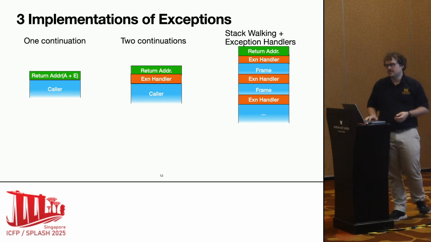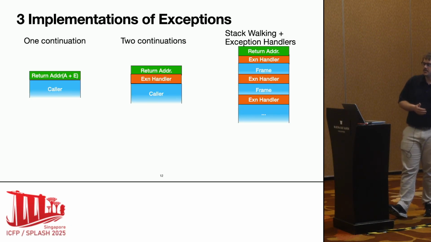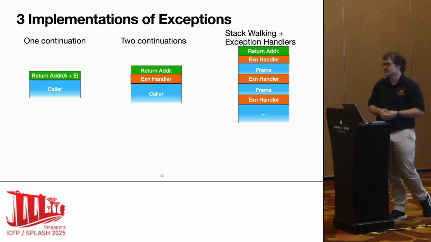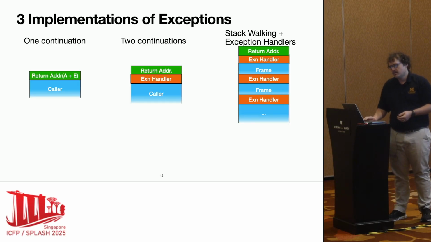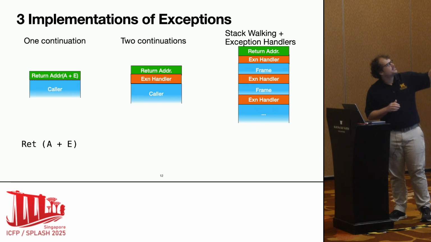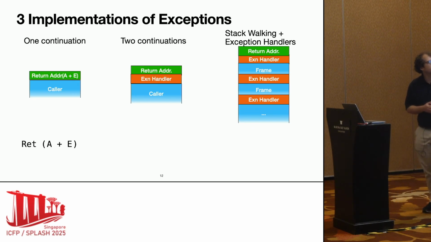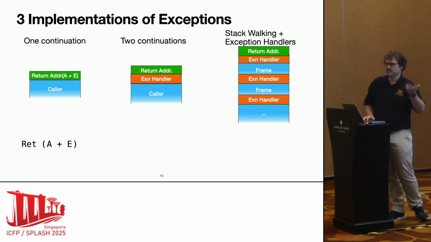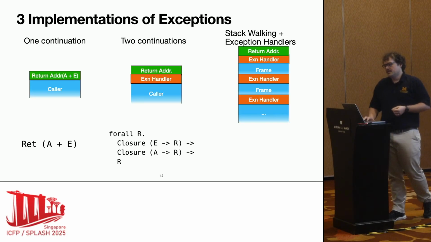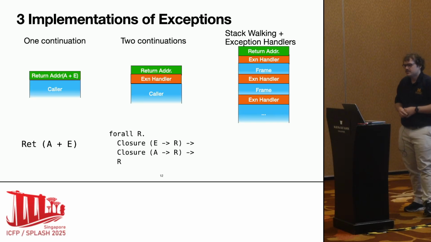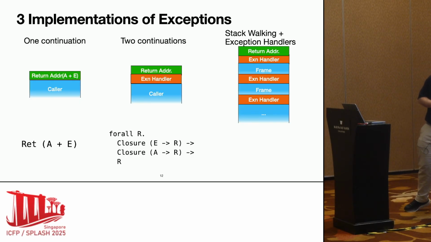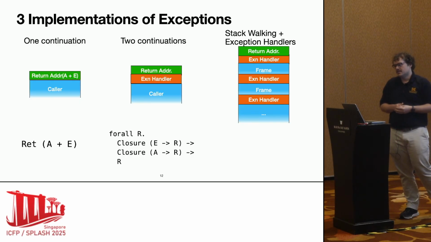But what else can we do? We can also go and implement these low-level view of these exception monads. So the first example here, the one from Haskell, we only need to modify it by introducing the fact that this actually returns a value of A plus E rather than just being A plus E. On the other hand, we can use a kind of church encoding to express these multi-continuation implementations.